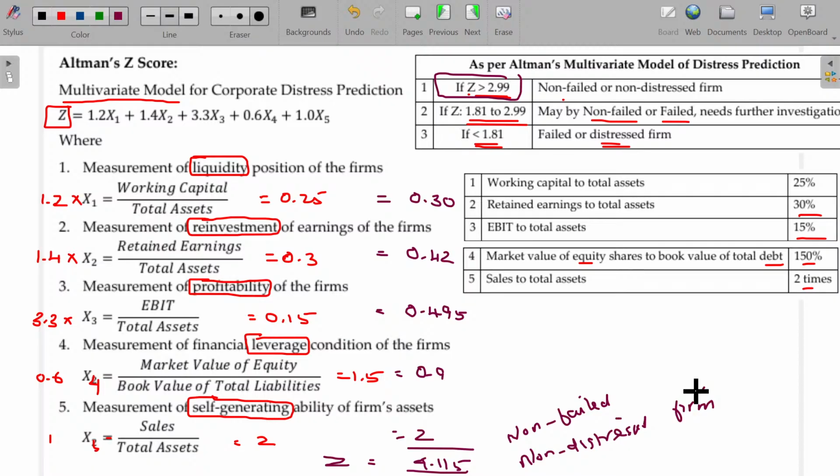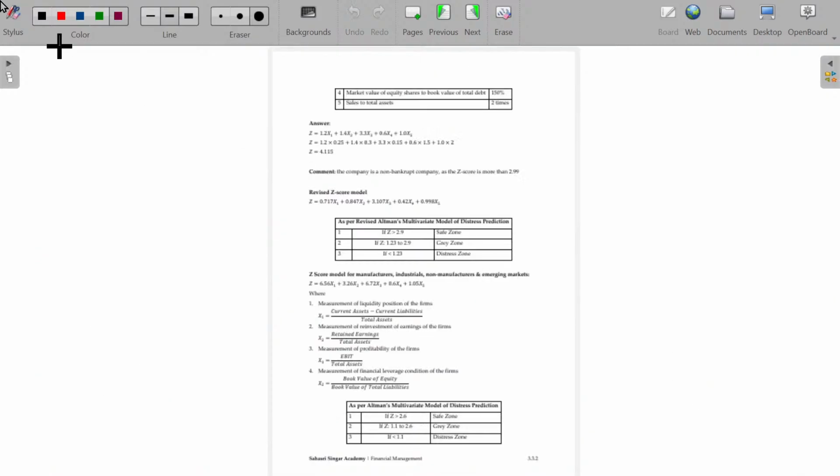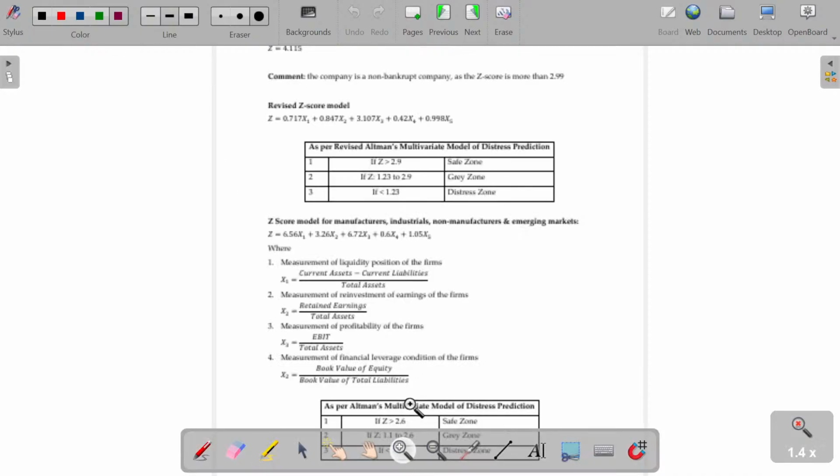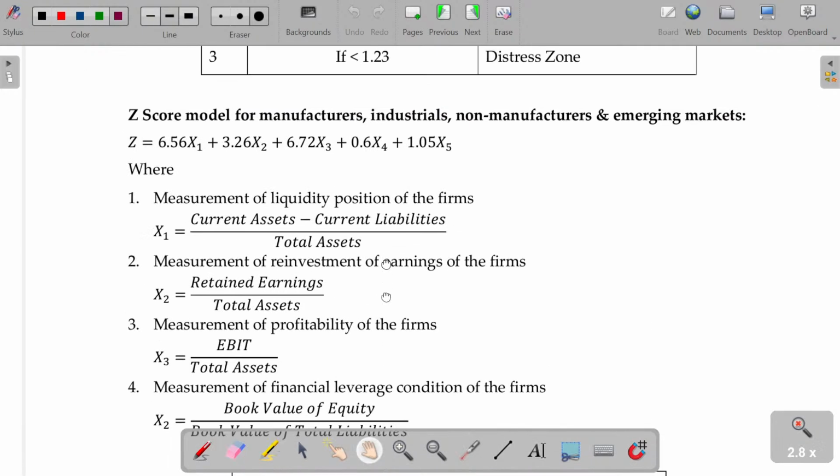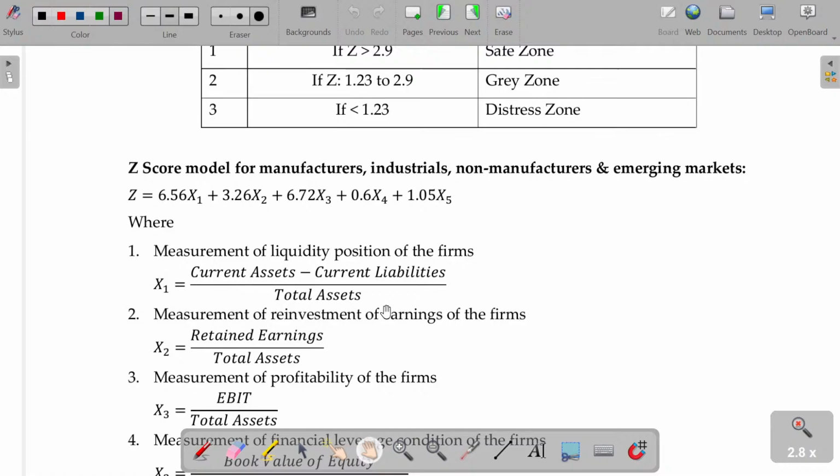Now, Altman has a revision. This is the first basic model recommended by Altman. Again, Altman has revised his own suggestion. The revision is given here. What's that? Let's see. Revision.